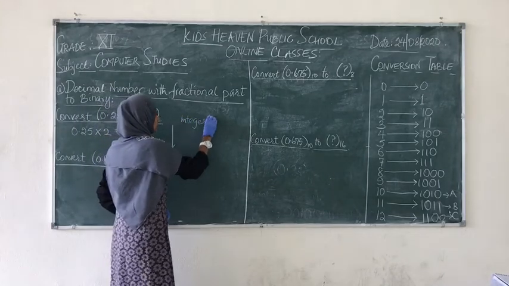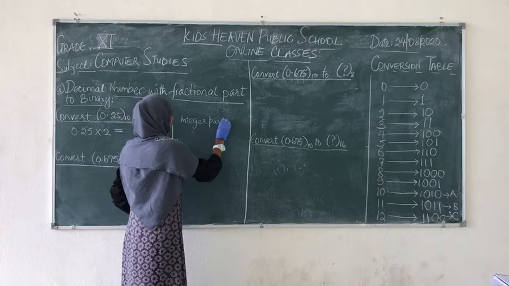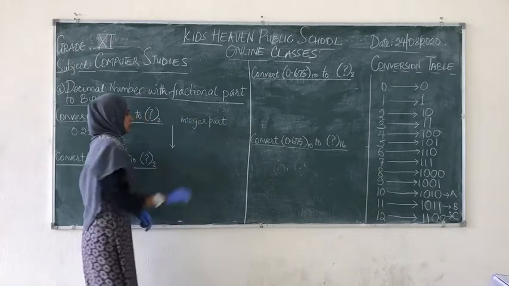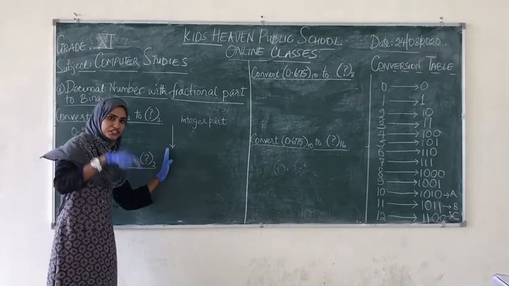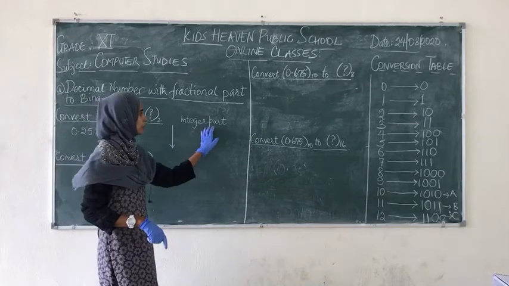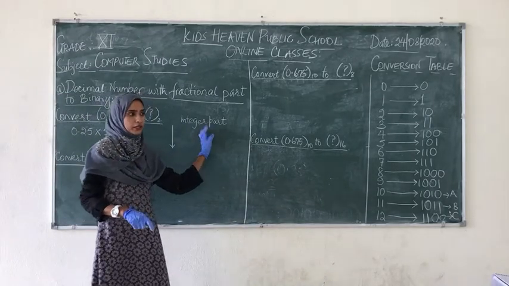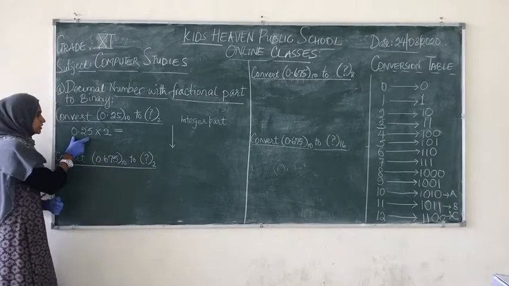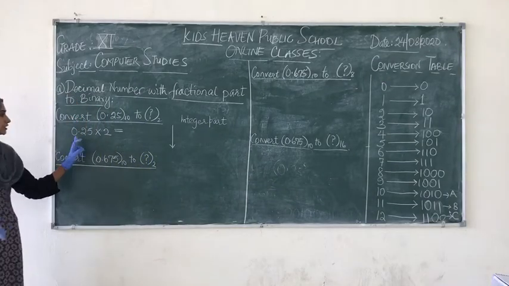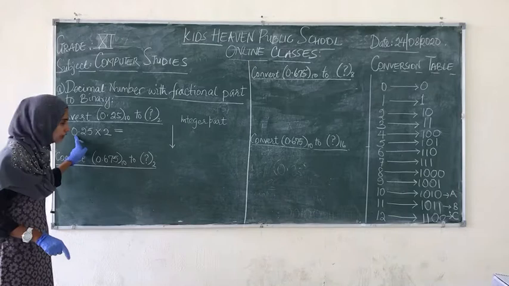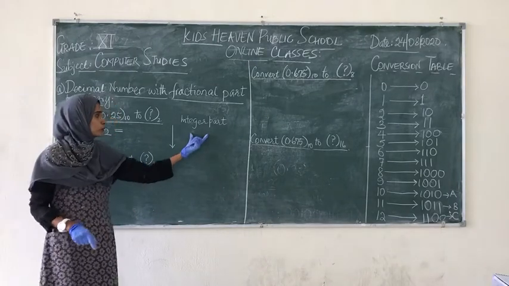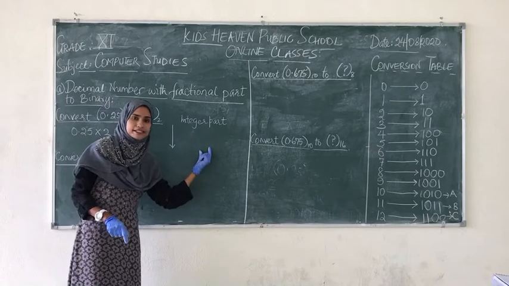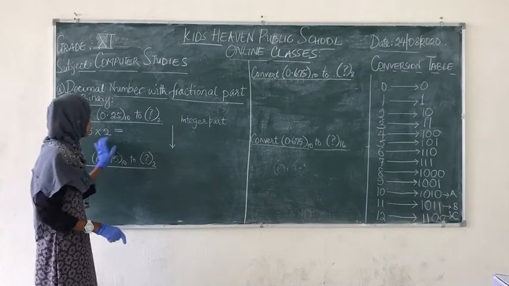Before you write your answer, draw an arrow pointing downwards. Up here, write integer part. Now, I'm sure you all know, in a decimal number that has a fraction, 0 is the integer part, 25 is the fractional part. So, we are going to write here the integer parts of each of the answers we receive.